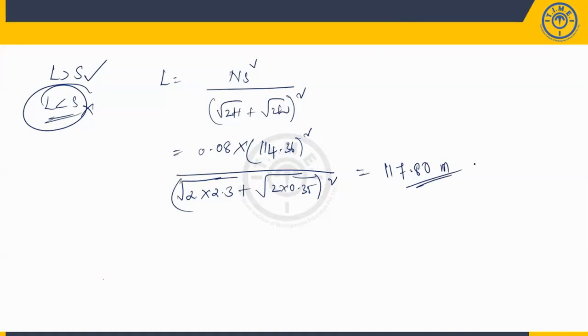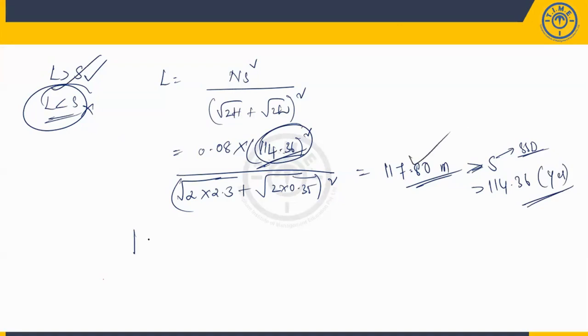Now you need to check your assumption. Is it greater? Yes. What is SSD? 114. Now you got L as 117. Is it greater than 114.36? Yes or no? Yes. That is, your assumption is right, and your answer is right.